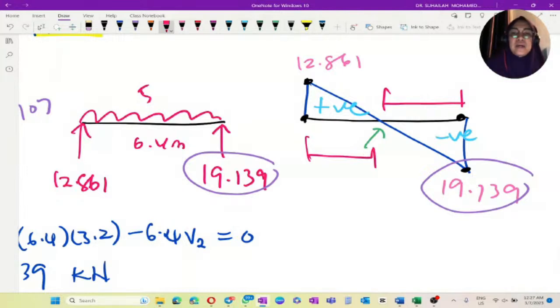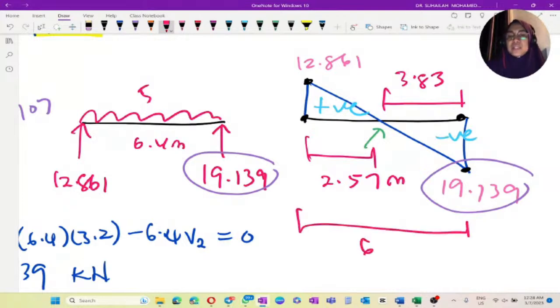We get 2.57 meter, and another one is 19.139. We divide by 5, so we get this as 3.83. So in total 2.57 plus 3.83, we get 6.4, because total length for BC is 6.4.